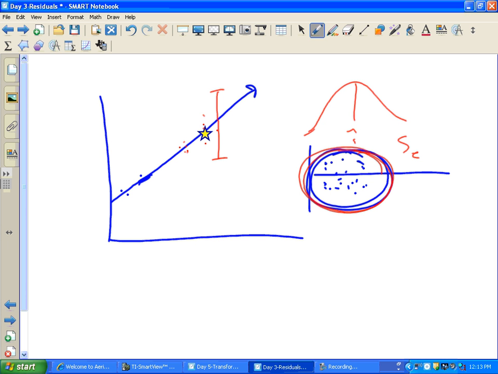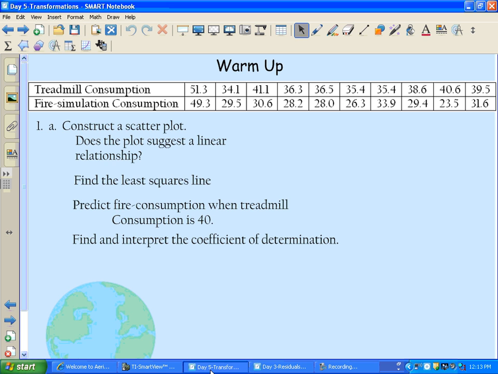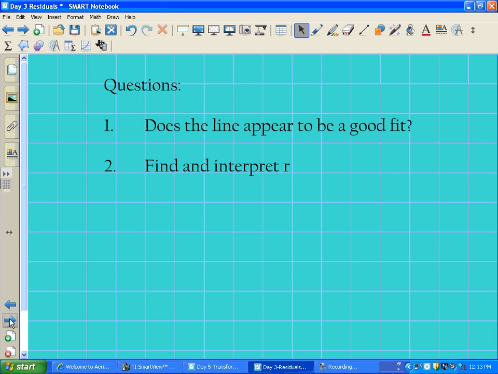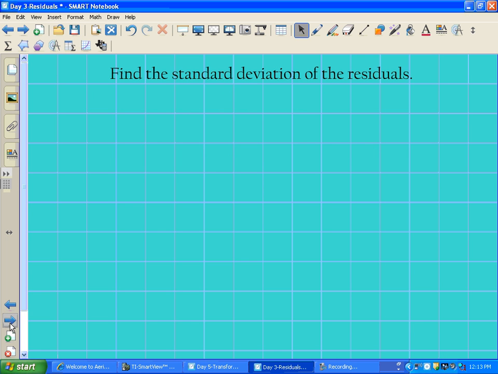Okay? So next thing is, how do you find a standard deviation? Well, the thing that we're talking about is our residuals. Okay? Here's how you find it. The standard deviation of the residuals is what I'm calling standard error. And we calculate the standard error this way.